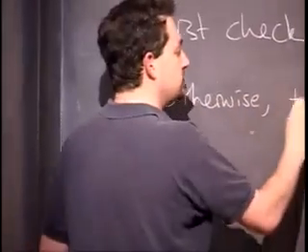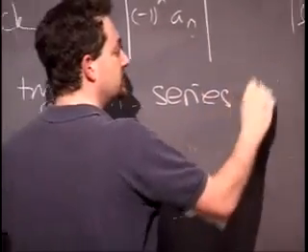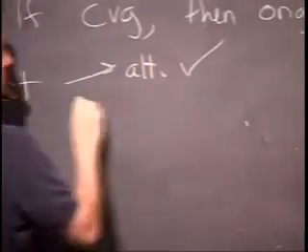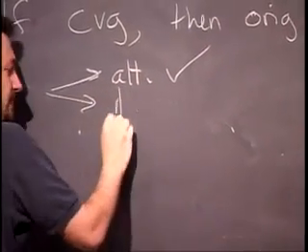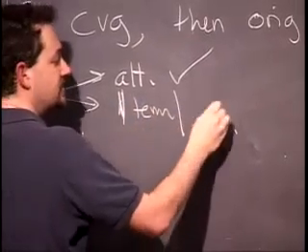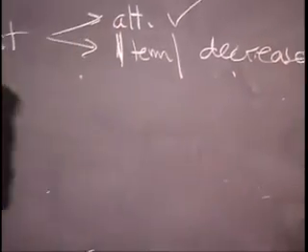Otherwise, try the alternating series test. And remember, you have to check three things. Alternating, we already know. The absolute value of terms has to decrease. Normally you can just say it, but at least try to justify it a little bit.